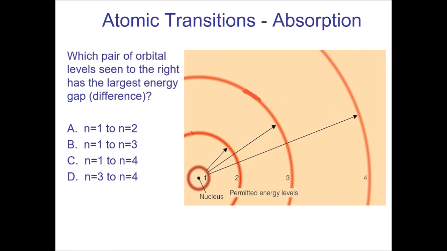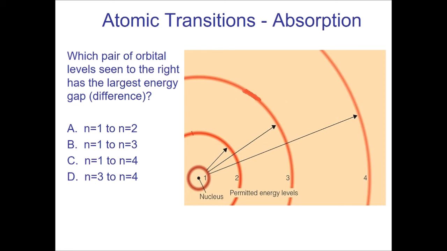All right, in this picture here, we have different transitions. We can go from level 1 to 2, 3, or 4. I even put down here a transition that would be from 3 to 4. If you think about the step analogy, what's the biggest step? You have step 1, 2, 3, 4, and look at the physical gaps here.